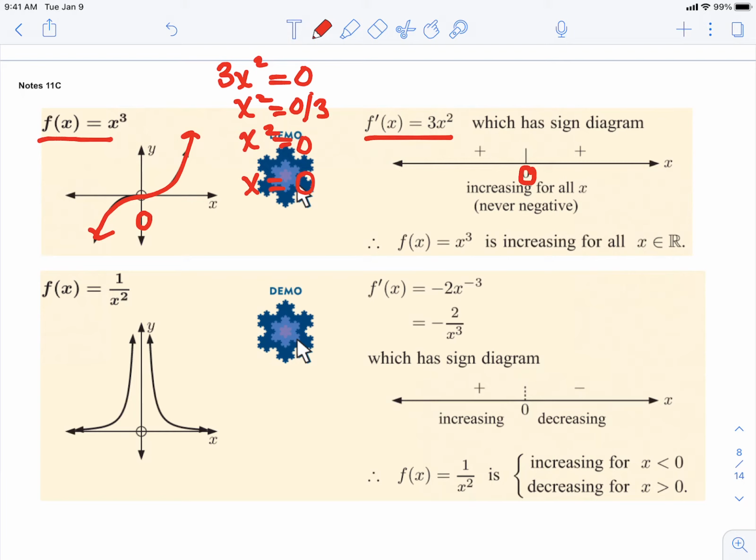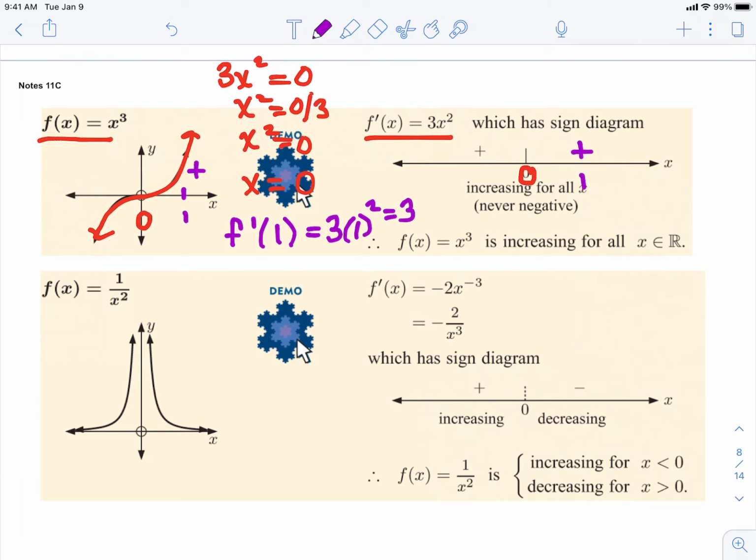Now I'm just going to change colors here, and test a point to the right in our derivative function. We get a positive, so here would be 1.